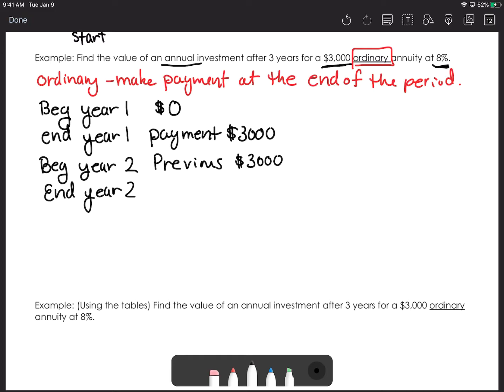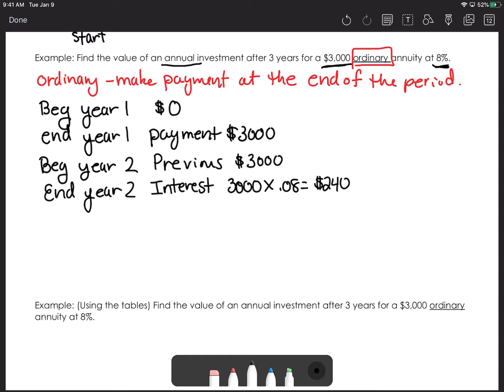So we're going to find the interest by finding 3,000 times 0.08. We're going to get $240. So at the end of year 2, we have the $3,000 in there from the previous year. Then we have the $240 of interest.